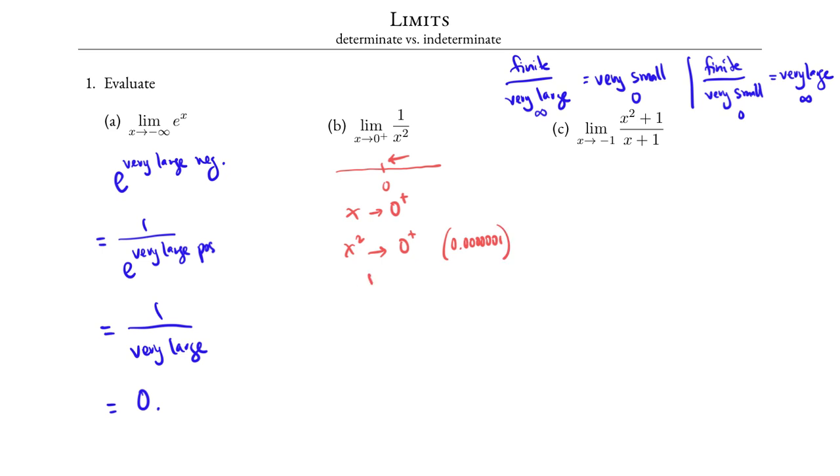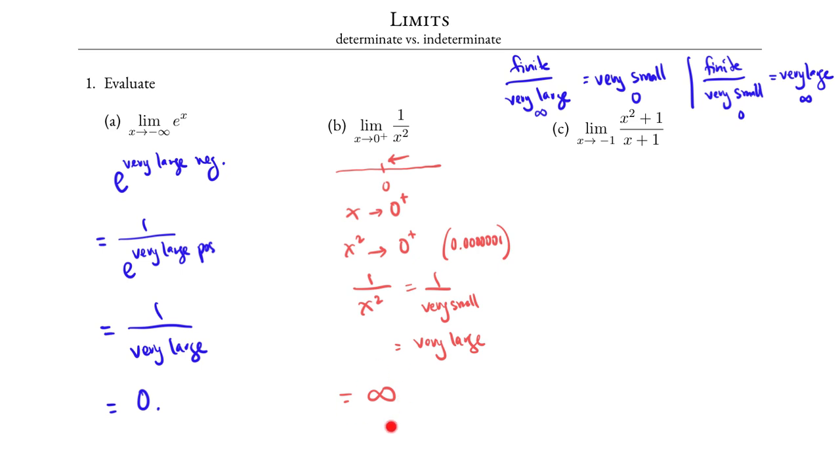But if we take 1 over a very small number, then this will be a very large number. And a very large number in this case would be infinity. And it will be positive infinity because x squared is positive, and 1 over a positive very small number is infinity.